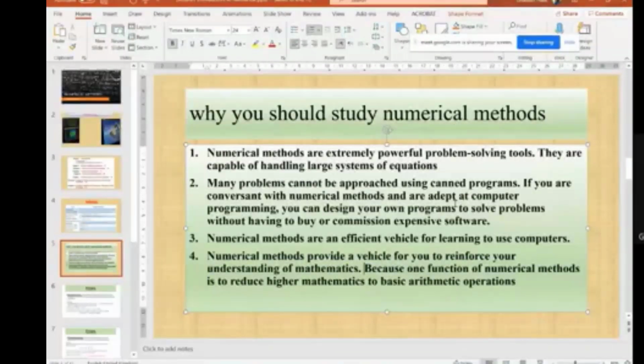That's great. What does he say? Many people hate mathematics. Many students hate mathematics. Numerical methods make you reinforce your understanding of mathematics, and you will love it.